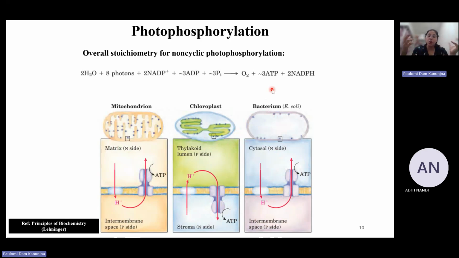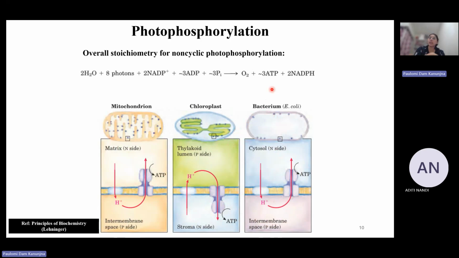You will see that they all function in similar ways. This should give you an idea that the reactions or pathways that we see in different biological systems are highly conserved. They are being performed by similar or homologous proteins.